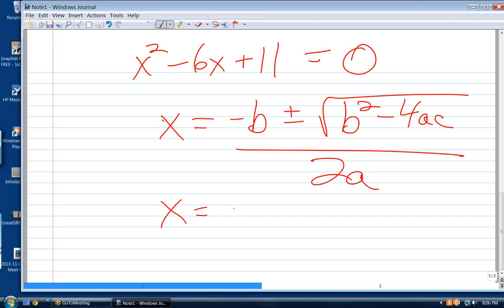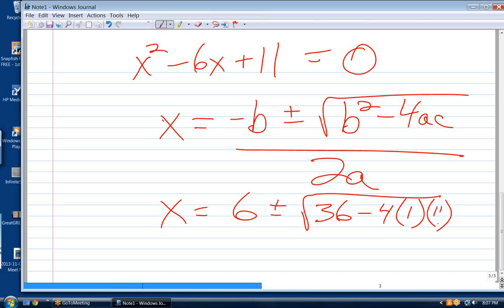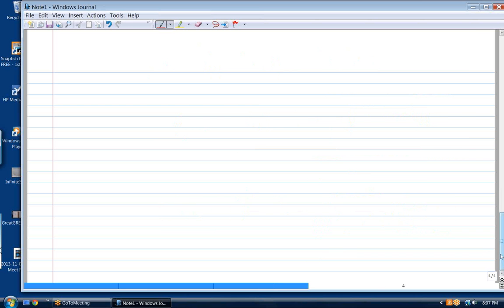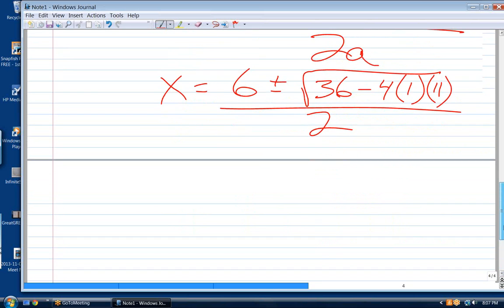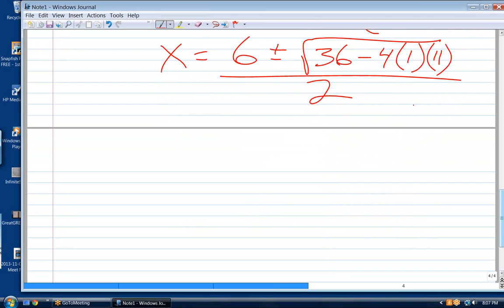Minus b is 6, plus or minus the square root of 6 squared minus 4 times 11. So that tells us that it's negative. So we know we're going to have two complex solutions because the discriminant is negative.